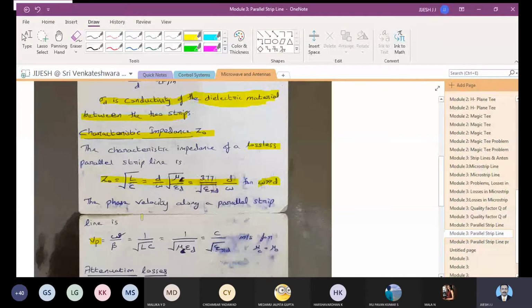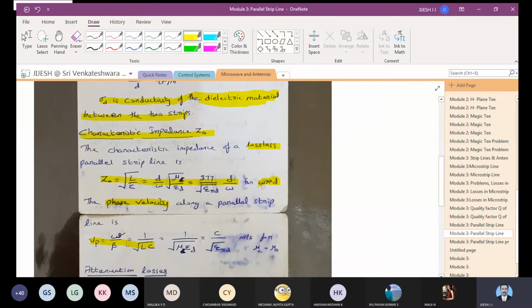Now the next one is phase velocity, which can also be written for a parallel strip line. We have already studied these equations in module 1, where we wrote the phase velocity as omega by beta, or 1 by root of LC.